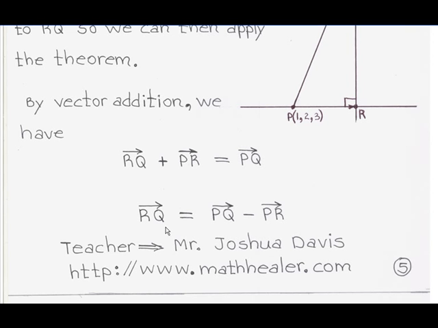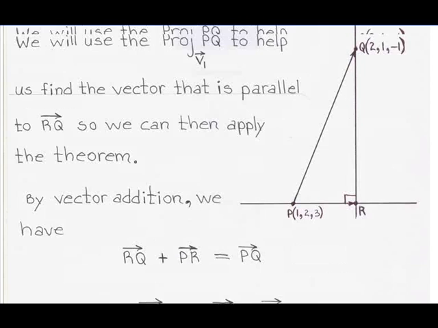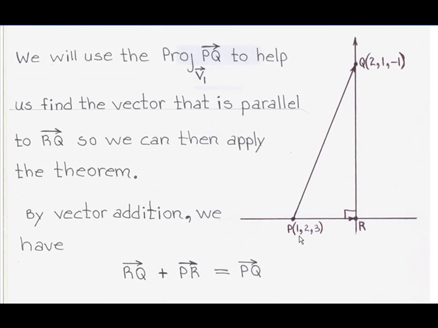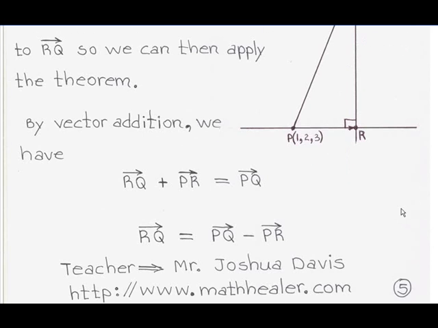One more time, vector RQ is equal to PQ minus PR, and I got that directly from the vector equation, using algebra in order to get vector RQ by itself.